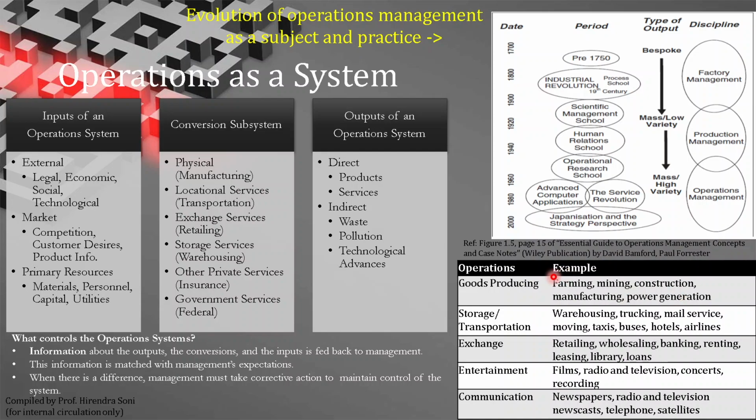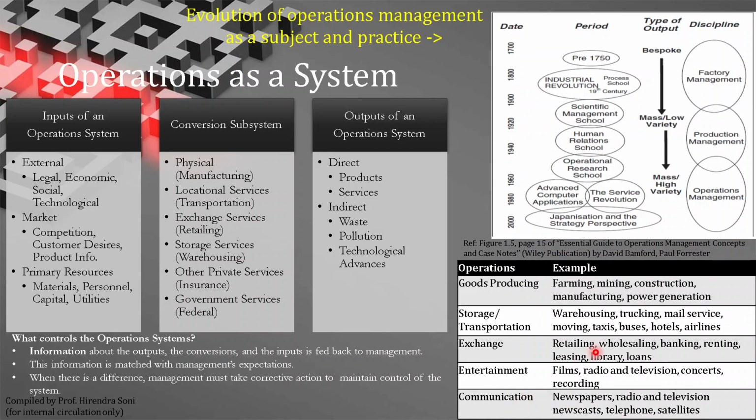These all are physical goods producing operations. When we talk about warehousing, trucking, mail services, moving taxis, buses, hotels, airlines, we are actually talking about storage or transportation operations. When we talk about newspaper, radio, television, newscast, telephone, satellites, we are actually referring to communication operations.